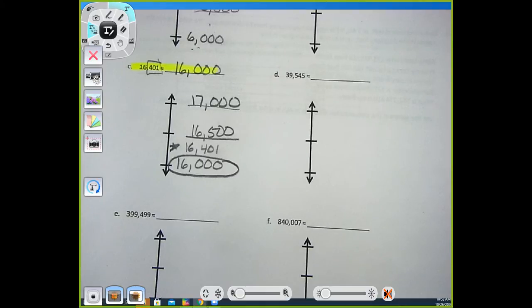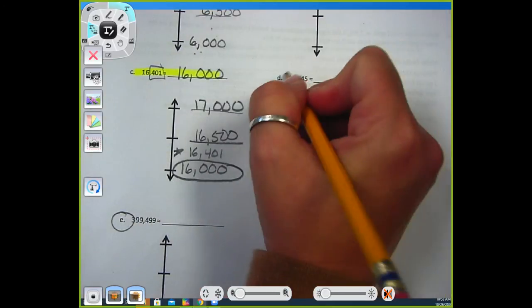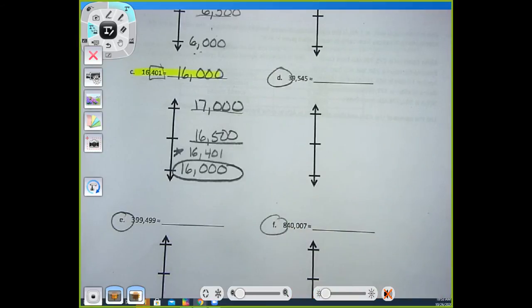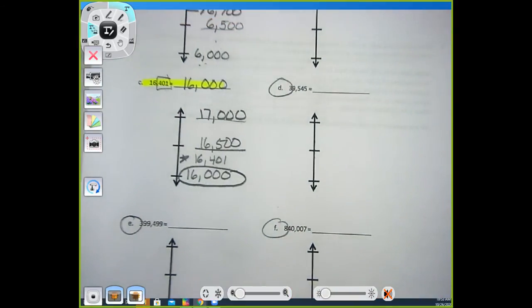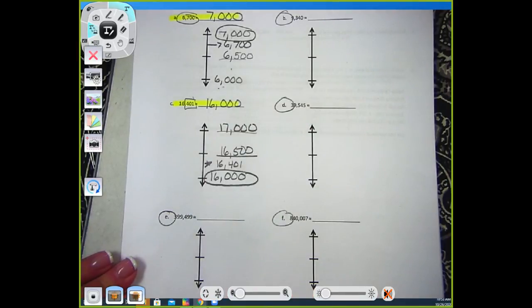Amory said, can I have a snack? Yep, feel free. Okay, if you feel like you understand this, I'm going to have you guys finish E, B, D, and F. If you want to stick with Mrs. Miller, we're going to be going over all of these together, okay?